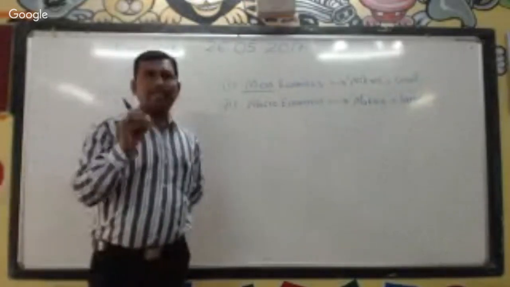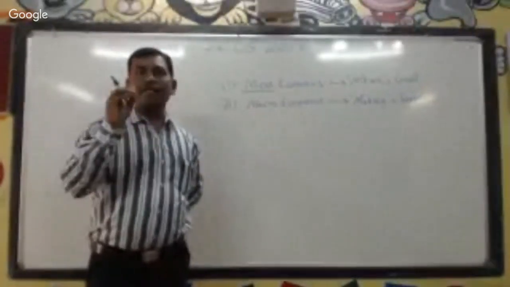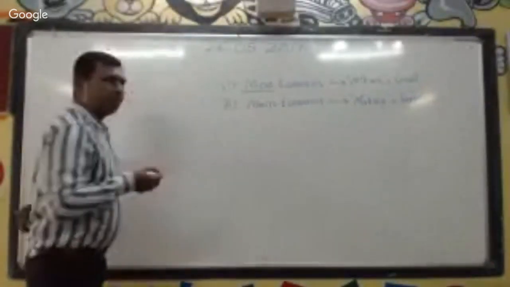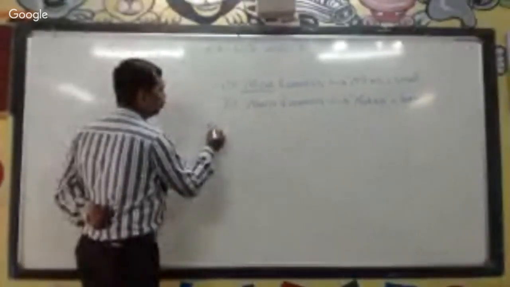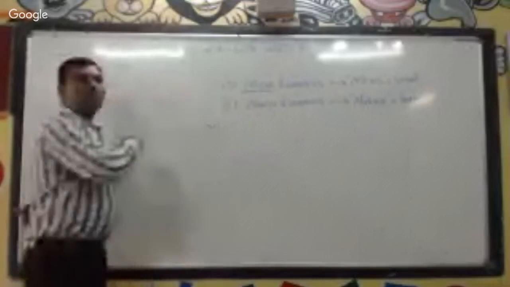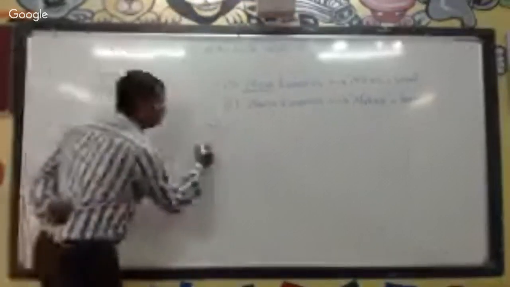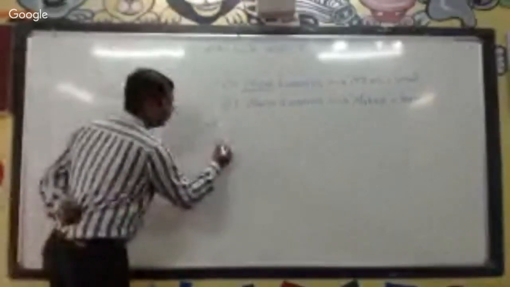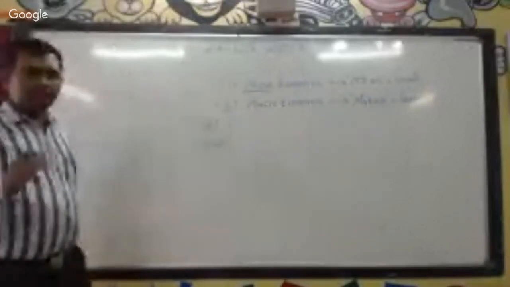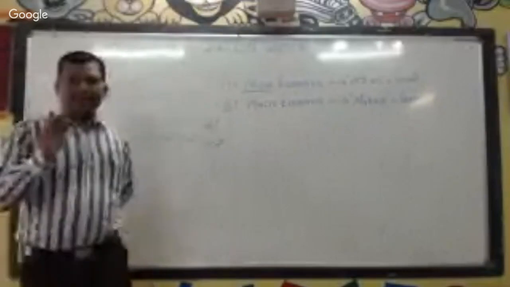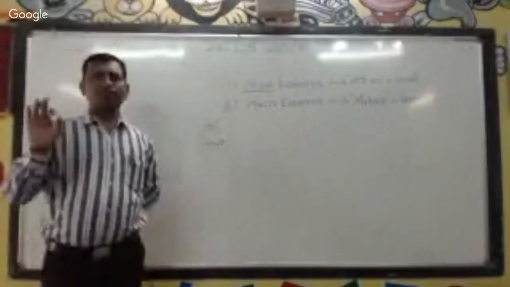Or you are studying an individual commodity. What do you mean by commodity? Any good. For example, if you are studying gold, or wheat, that is called a particular commodity. This comes under microeconomics.